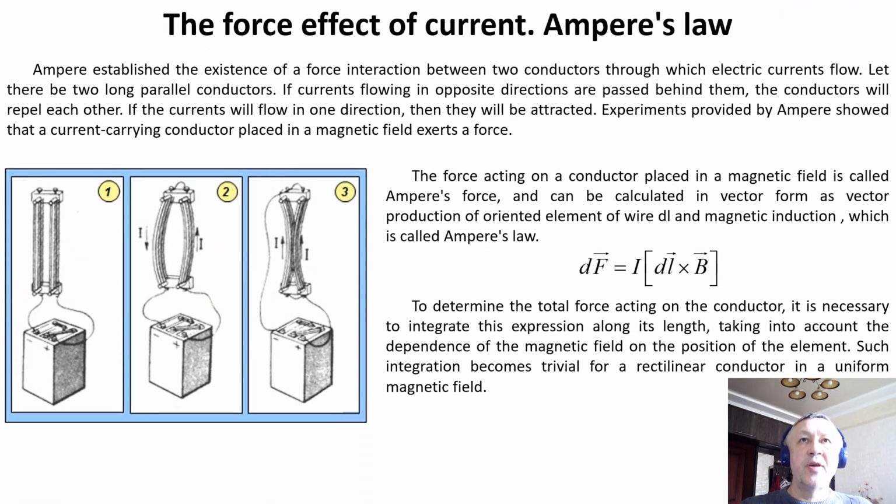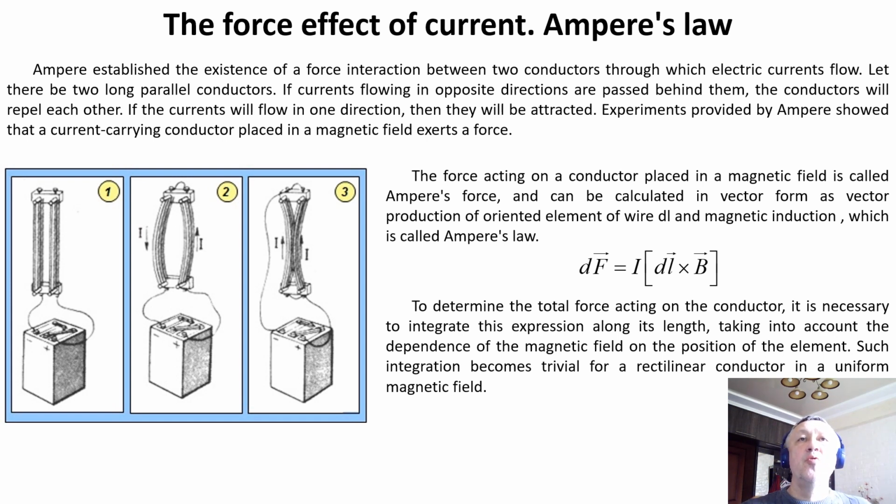The force effect of current. French physicist Henri-Marie Ampère established the existence of a force interaction between two conductors through which electric currents flow. Let there be two long parallel conductors.